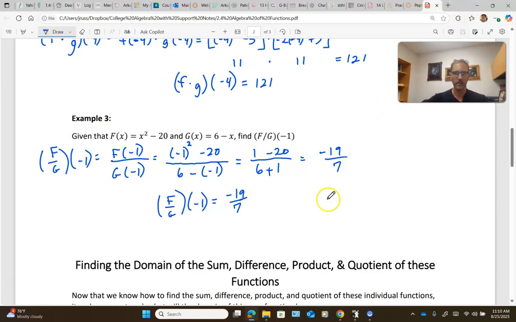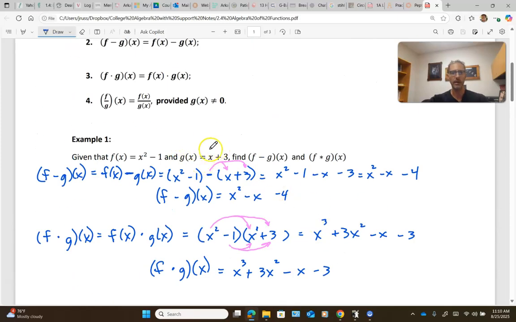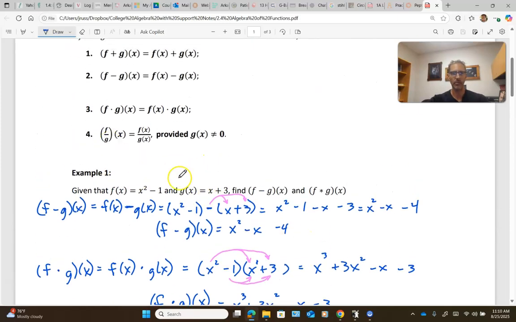All right. Now, real quick before I stop this first video, I do want to point out that sometimes you might be given, let's go back to example 1 here. Sometimes they may ask you to multiply a function times itself. Okay, something like this.